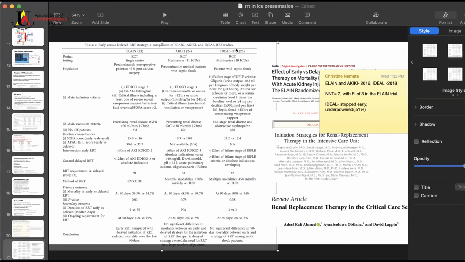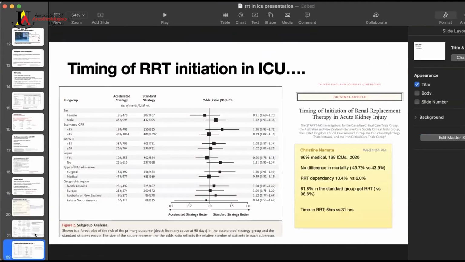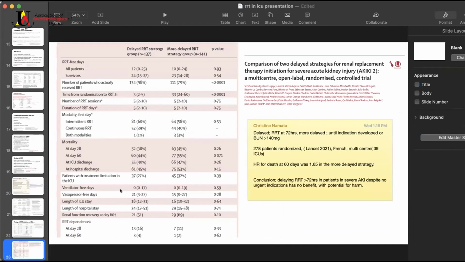The only problem with that is it was stopped early due to futility, and then it ended up being underpowered. I will not talk about the STARRT-AKI trial that I already talked about, but there is the AKIKI 2 trial, which is from last year. This is the most recent, and they're trying to answer the question of how long you can safely wait before initiating renal replacement therapy in patients with severe AKI in the ICU.